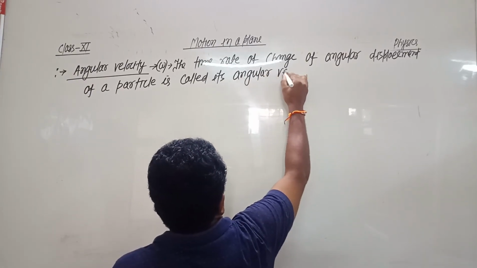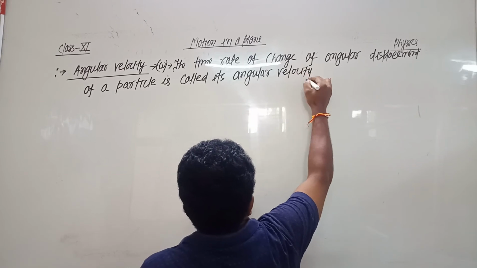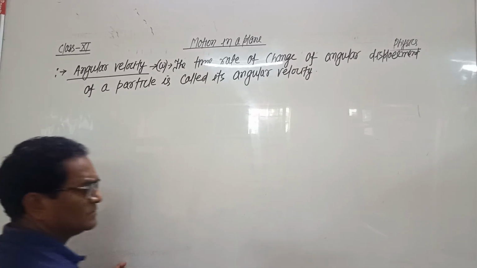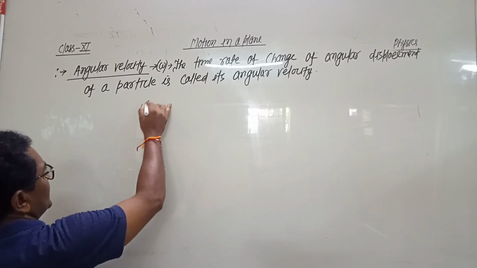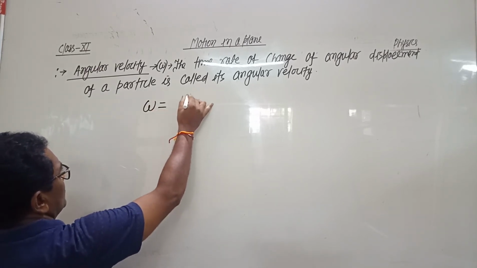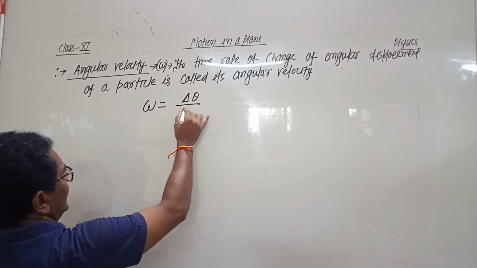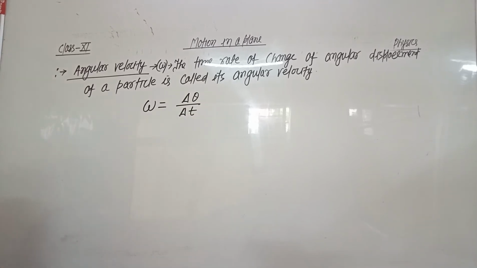Rate of change of angular displacement, or change in angular displacement with time, is called angular velocity. So angular velocity, represented by omega, equals delta theta by delta t. Delta theta is the angular displacement and delta t is the change in time.